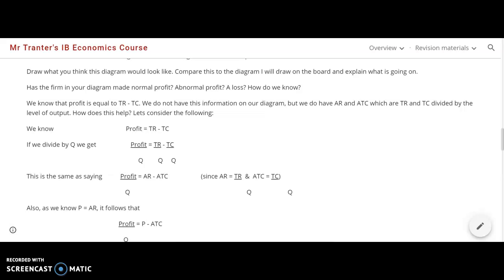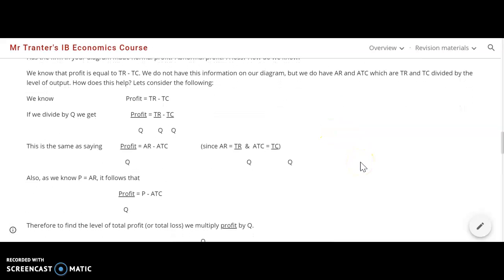Has the firm in your diagram, though, made a normal profit, an abnormal profit, or a loss? How do we know? Now, we're going to talk about something here a little more general, and we can apply that whenever we look at different diagrams. We know that profit equals total revenue minus total cost.